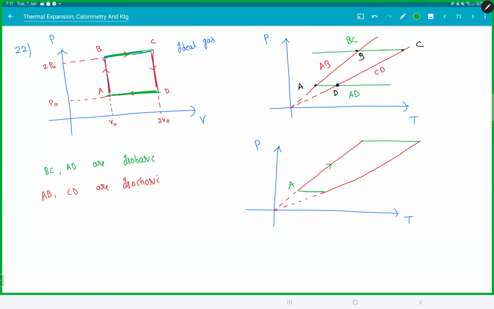This is A, this is B, this is C, this is D. The arrows are important. This is not a parallelogram. AB and CD are not parallel. They're lines passing through the origin. This is your final answer. This is how the graph would look. Is this making sense, everyone? Now, can you draw VT graph? This is PT. This is how it looks. Now you try for VT.